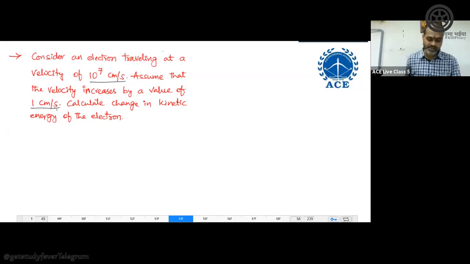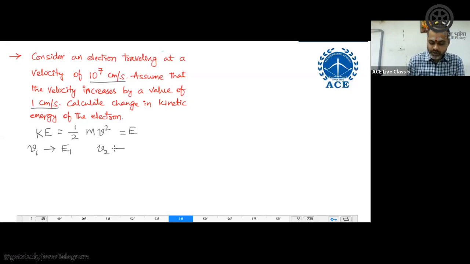Now we know very well what the kinetic energy is. Let me write. Kinetic energy is half mv square. Let us consider it is moving with a velocity v1, then the corresponding energy I can write as E1, and a velocity of v2 corresponding to that I can have an energy of E2.